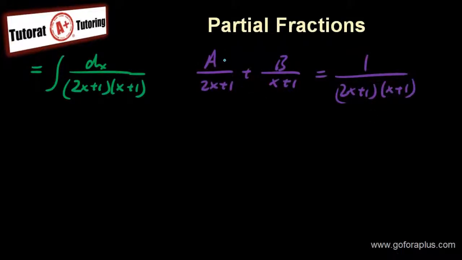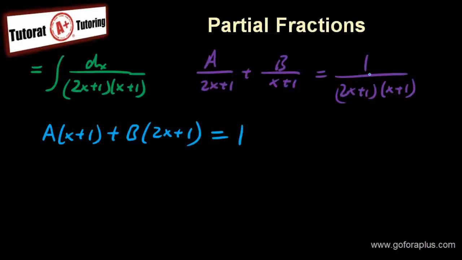And then the next step is to multiply to have a common denominator, which is the same thing on the right side. So that means I have A times x plus 1 plus B times 2x plus 1. This whole thing is equal to 1, which is this 1 here.